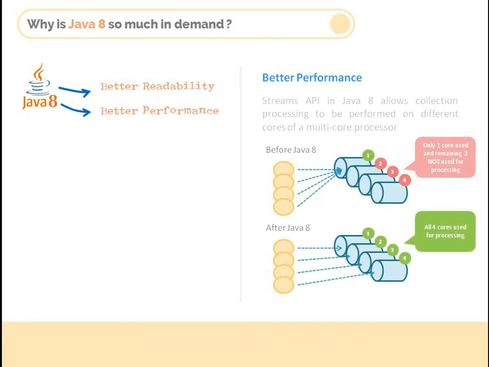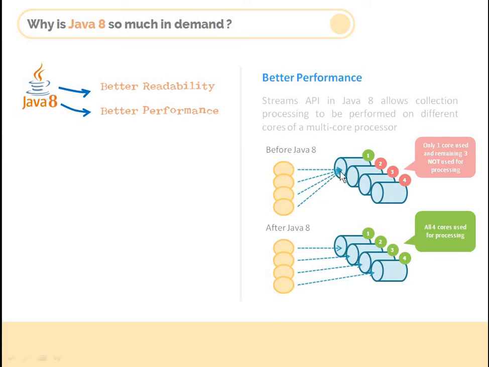Better performance. Now this is the most important reason why industry is looking forward to Java 8 professionals, and why Java 8 is so important to the industry. Well, as you can see, prior to Java 8, for processing data, the virtual machine always used a single core.